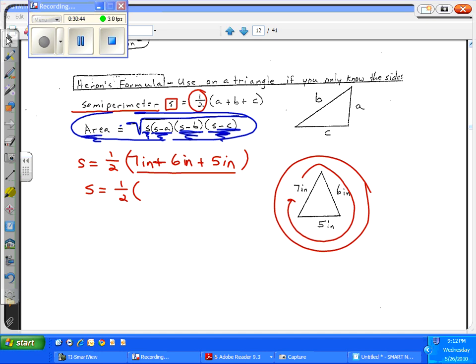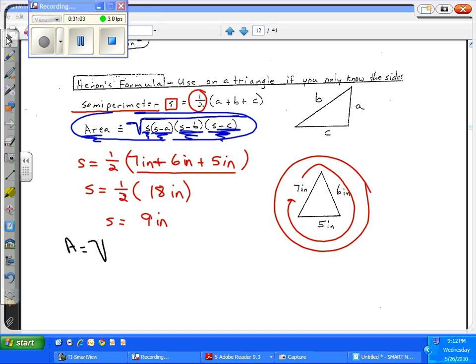So semi-perimeter is 1/2 of 7 and 6 is 13 plus 5 is 18 inches. The name stays the same. Half of 18 is 9 inches, so the semi-perimeter is 9 inches. That's not the area, that's just semi-perimeter.